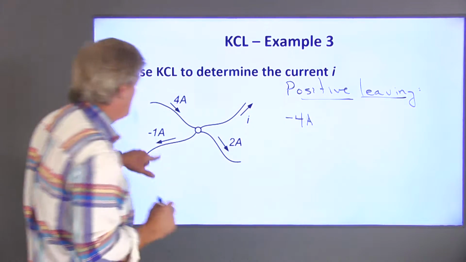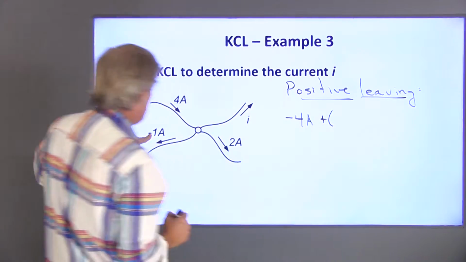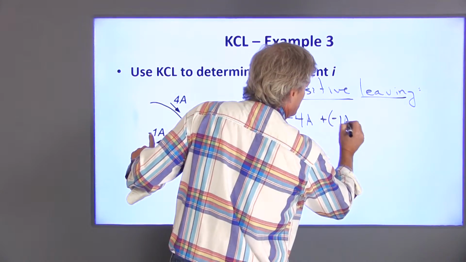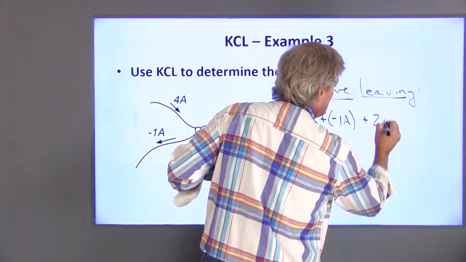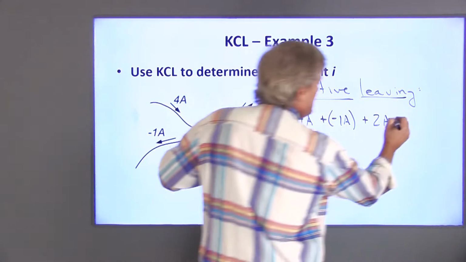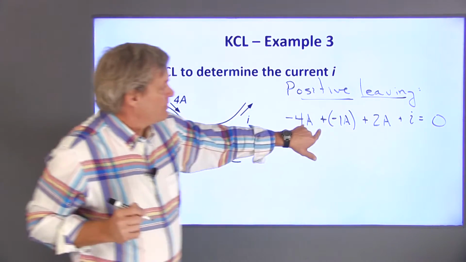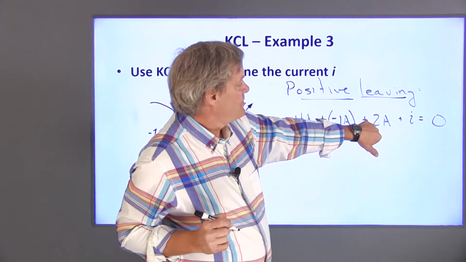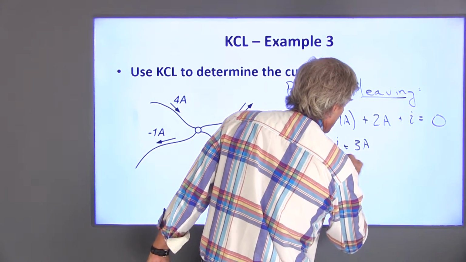So minus 4 amps. This current is leaving, so it's positive, but its value is a negative 1 amp. This one's leaving, so I add 2 amps. And I is leaving, so I add I. And that sums to 0. So negative 5 plus 2 is negative 3. Taking that over to the other side, I is equal to 3 amps.